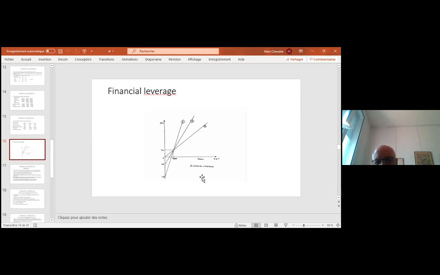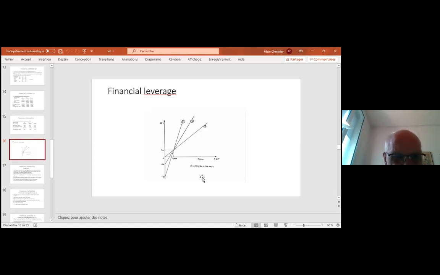And we can find this point in terms of EBIT level and earning per share level, doing two different things. The first one is solving a system of equations, and the second one is to try to understand what's happened.